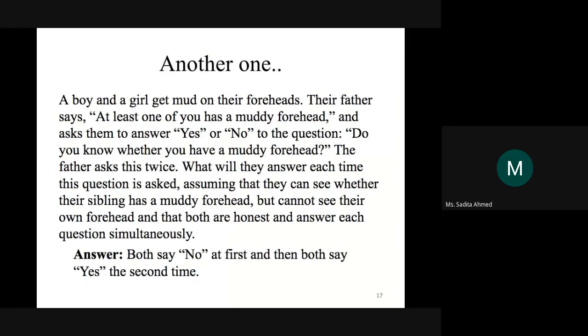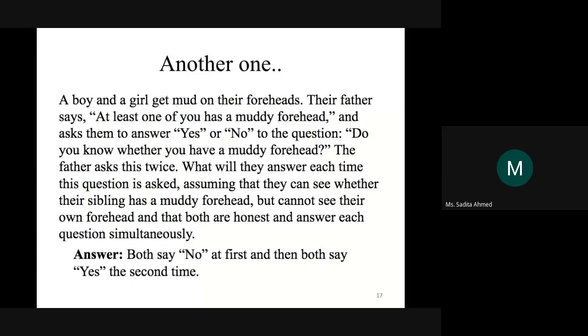Now, the second time, since the boy heard the girl's answer, what will he think? Okay, what are the possibilities? I may have a muddy forehead, or I may not have a muddy forehead. These are the two possibilities. Now, if I did not have a muddy forehead, then the girl would have seen that my forehead is clear.